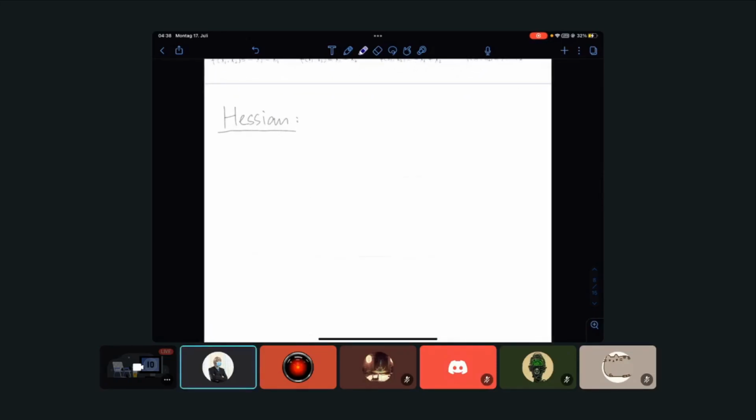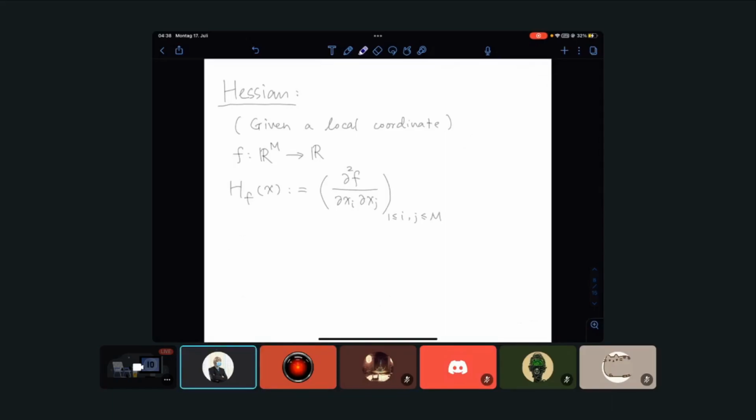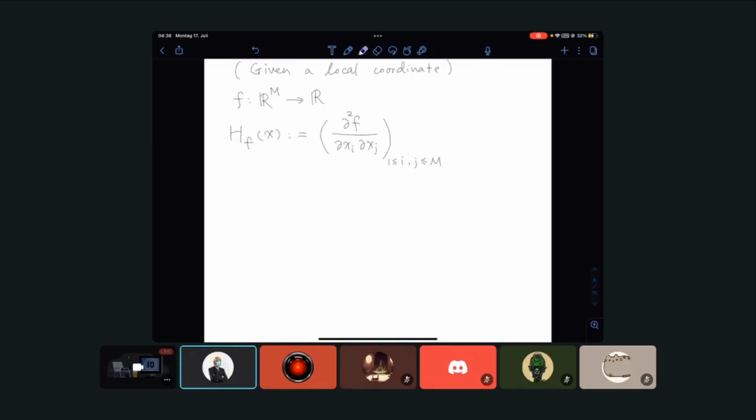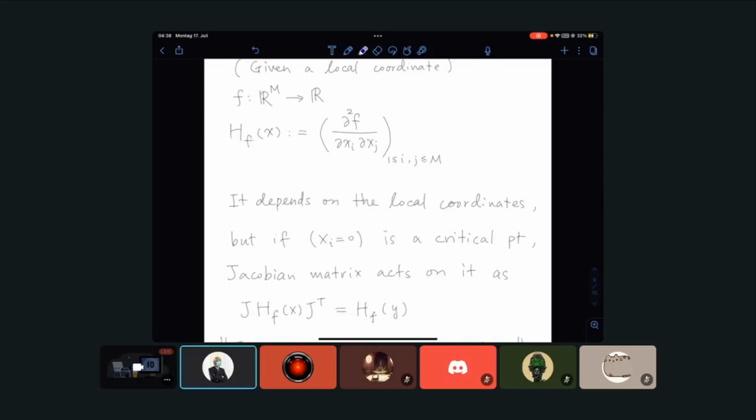Okay, and then there's this notion called the Hessian. Given a local coordinate from Rm to R, Hessians are defined by the second order derivatives, and we form them into a matrix. So the Hessian is usually a matrix. This is the definition.